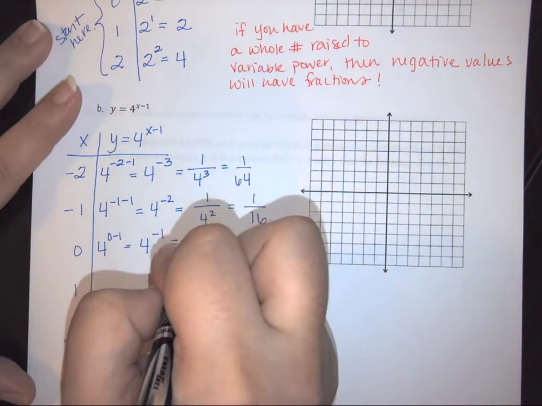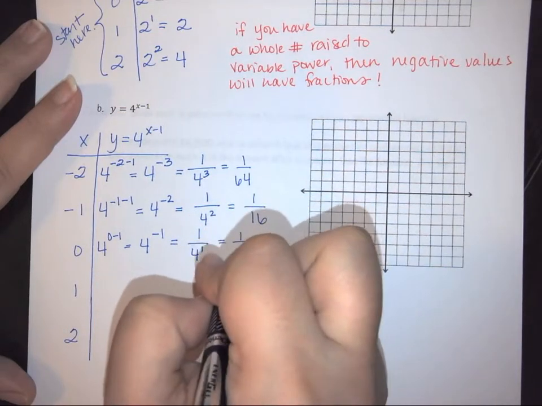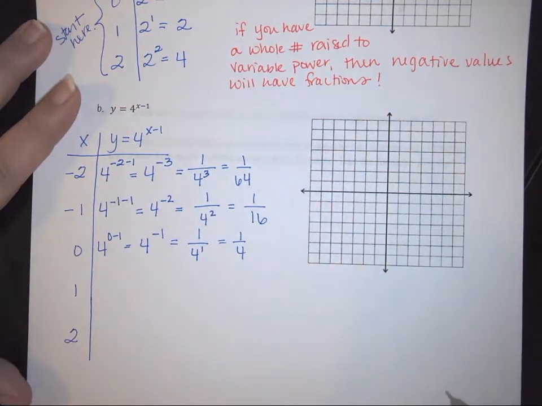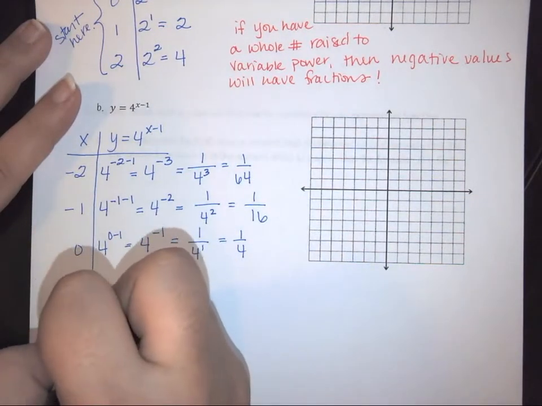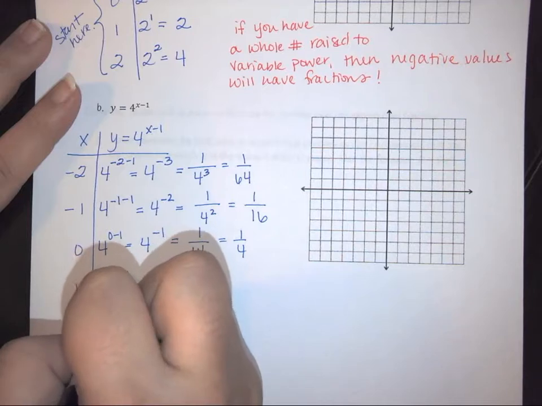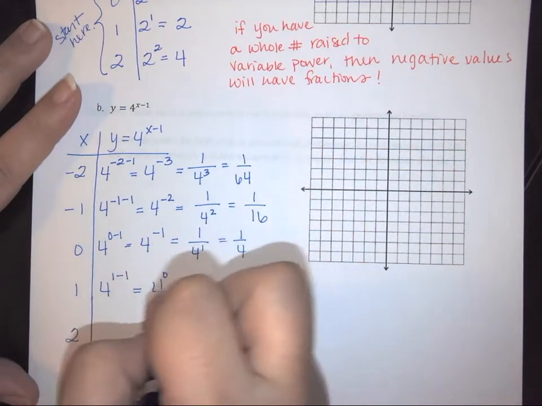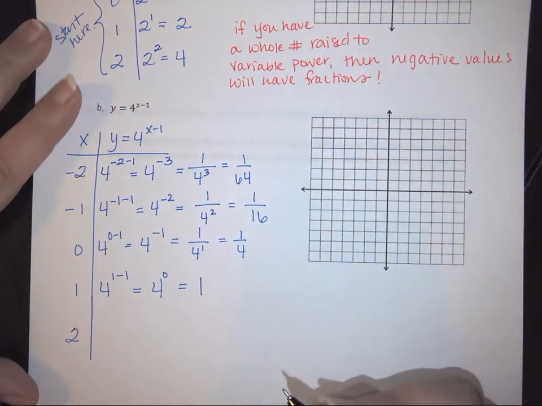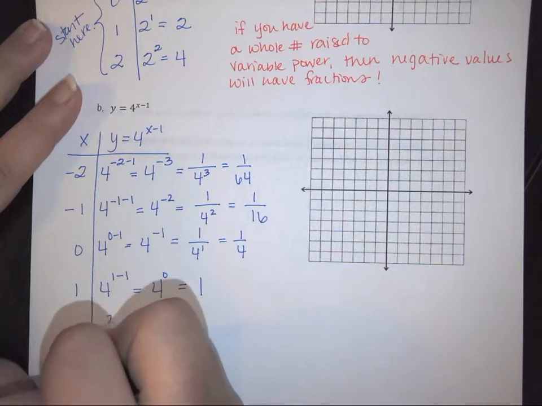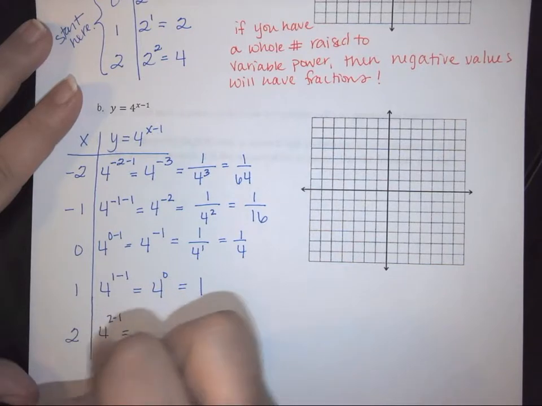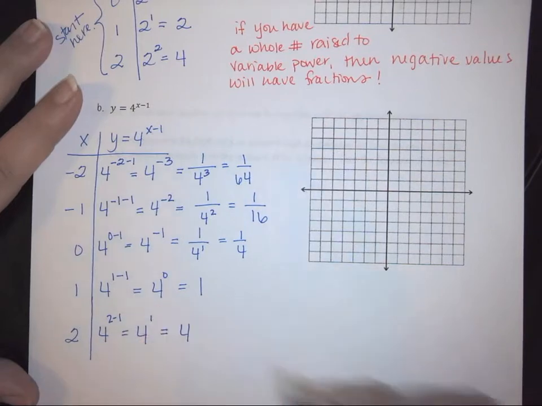Again, make it positive. 1 over 4 to the 1st is the same as 1/4. Next, I have 4 to the 1st minus 1. This is the same as 4 to the 0, which gives you 1 as an answer. And then I have 4 to the 2 minus 1, which is the same as 4 to the 1st, which gives you 4 as an answer.